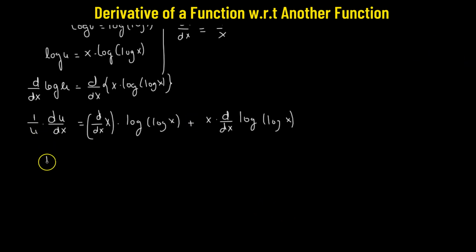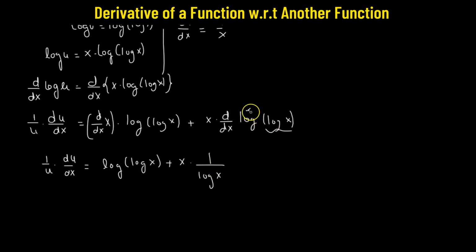Let's further simplify. Here we have 1 over u times the derivative of u with respect to x equals, the derivative of x with respect to x is 1, so our first term will be log log x plus x times, here we have to take the derivative of the logarithmic function. So we have 1 over log x, since the argument of this outer log function is log x, multiplied by the derivative with respect to x of the inner log x.